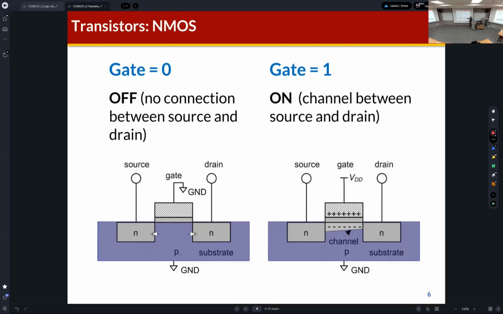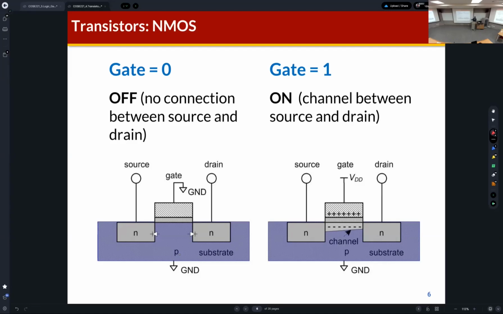If the channel is generated by the free electrons, the electrons can go from this node to this node because the channel is generated. Okay, it's connected, and the current flows from this node to this node.